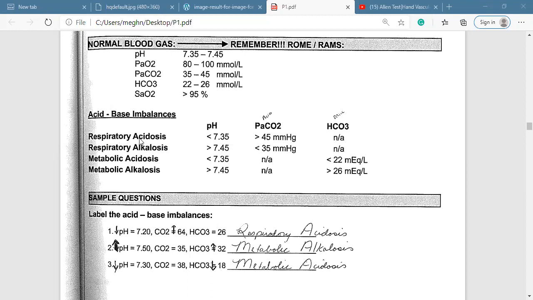Any kind of lung disease like pneumonia or acute pulmonary edema or aspiration of foreign body, or chronic lung disease like asthma or cystic fibrosis or emphysema, any kind of lung disease, respiratory acidosis, right?